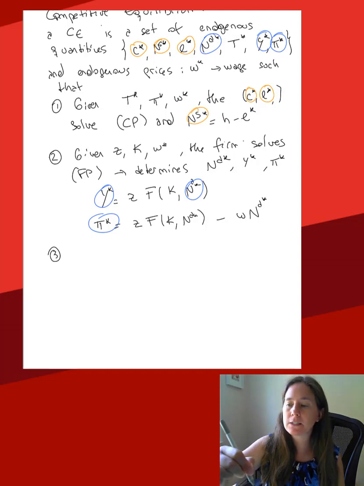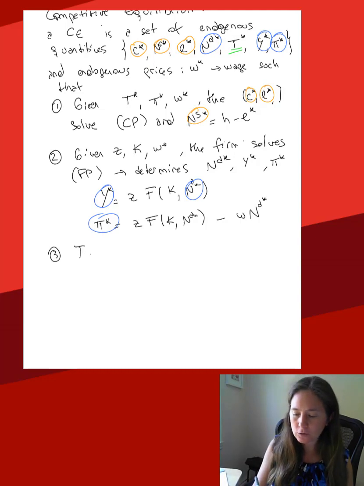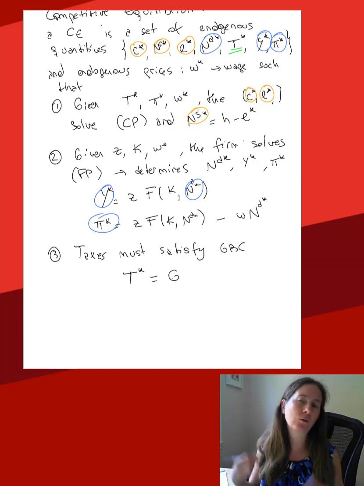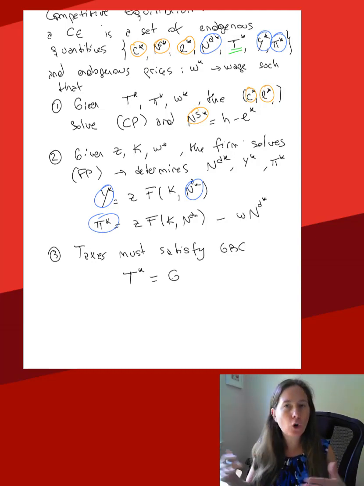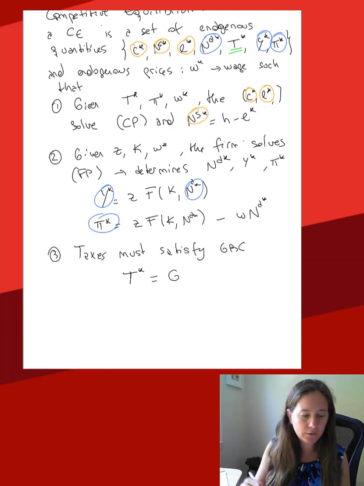So what are we still missing? Well, we are missing the level of taxes. So taxes must satisfy the government budget constraint, which says that T star has to trivially be equal to G. In more complicated problems, this condition 3 is going to be more involved.